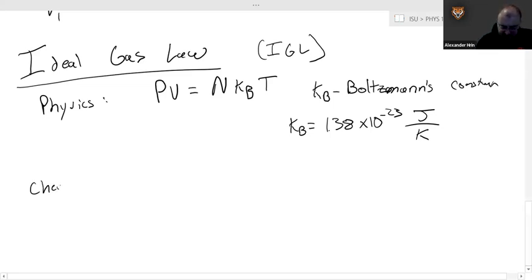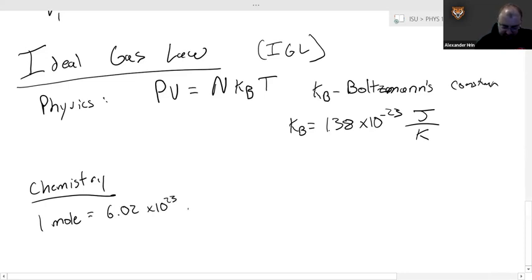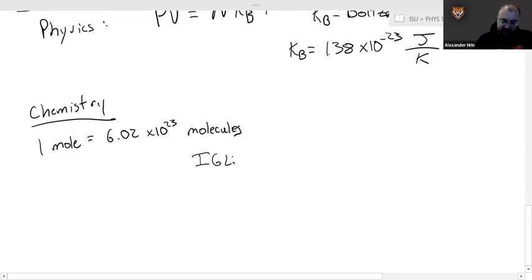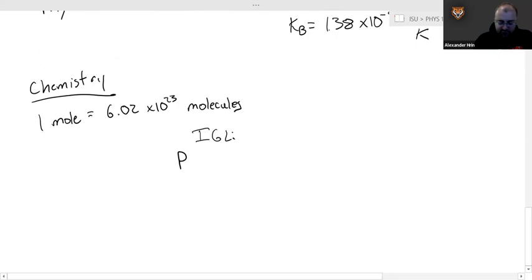The chemistry version has this conversion: 1 mole of material is equal to 6.02 times 10 to the 23rd molecules. Then they rewrite the ideal gas law, because they want it in moles instead of molecules. So it's PV.